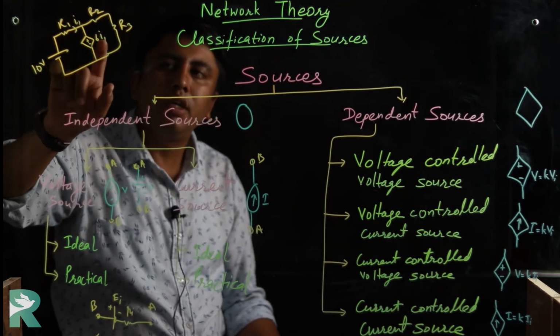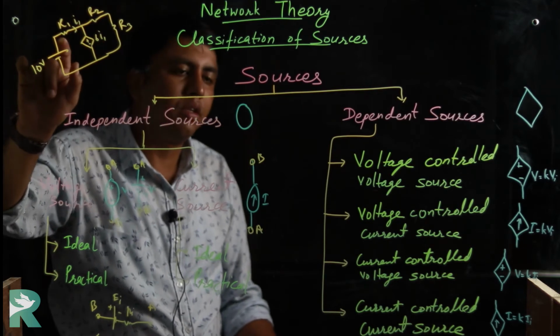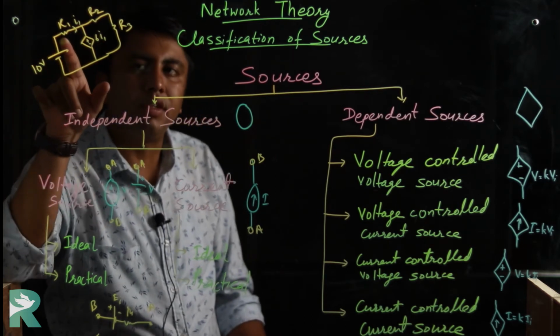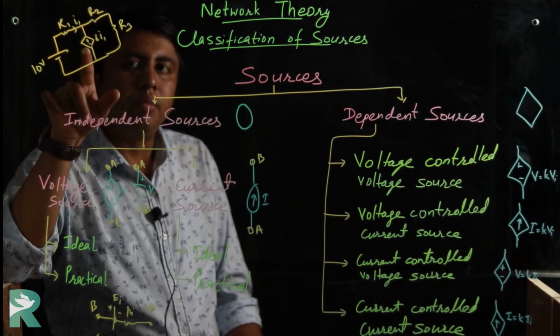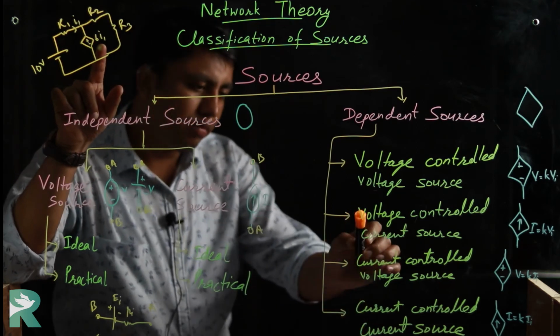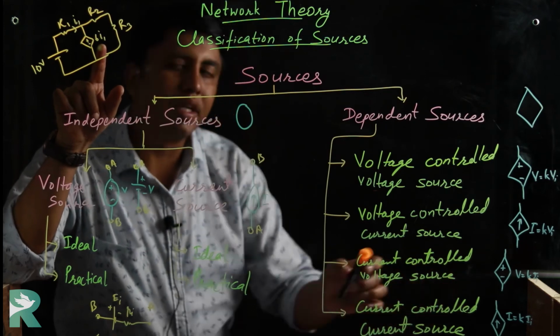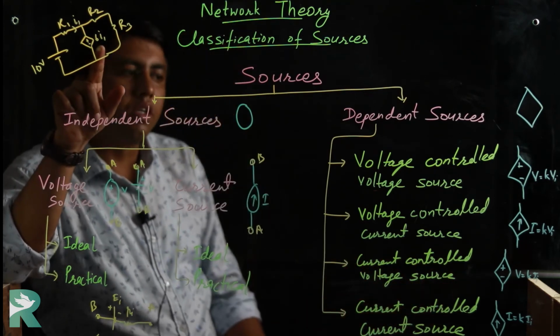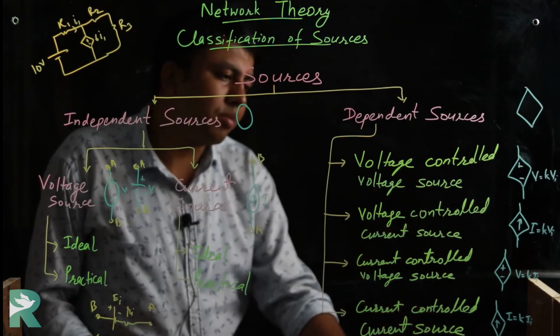As we can see, its voltage value is depending on I1, and I1 is the branch current of the branch having resistance R1. So it's a voltage source and its value is depending on current I1. So it is a category of current controlled voltage source. This third category is this. So it's a current controlled voltage source.